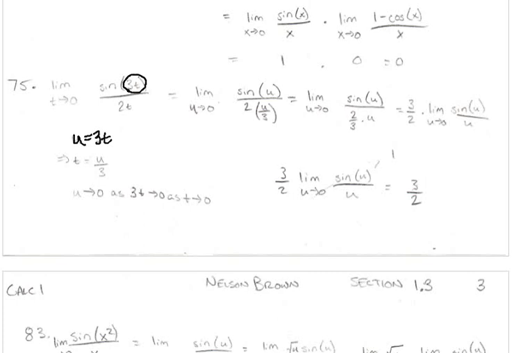As t goes to 0, 3t goes to 0, so therefore u also has to go to 0. So looking at this, we can do some substitutions. We'll replace 3t with u, and remember, u is just an arbitrary symbol. We're just recognizing 3t as one whole quantity. I'm calling that quantity u. And then my t here, in terms of this new variable u, is u over 3. So I replace t with u over 3.